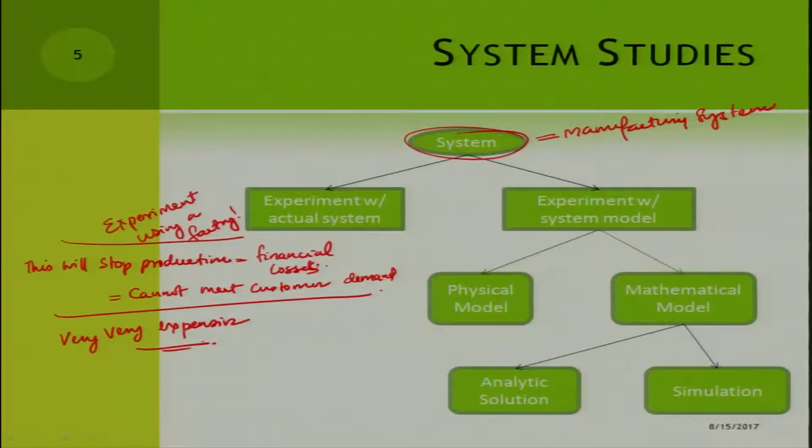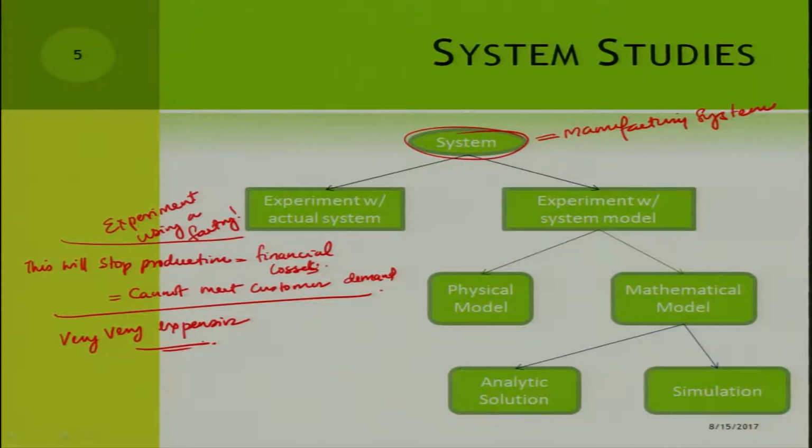Please give me your factory for 2 months. Let me do experiments on your factory and I will tell you what it is. I do not think anybody will do that, because the financial expenses associated with it are humongous. So, experimenting with the actual system is not really possible in the specific thing that we are talking about.